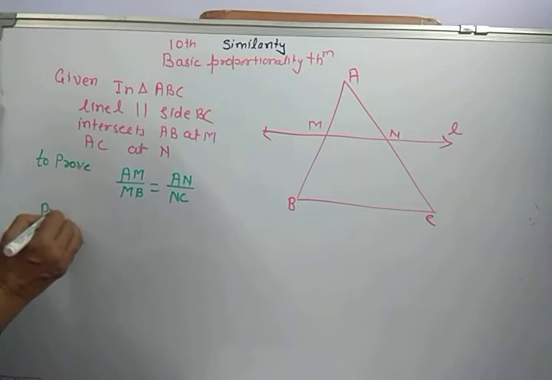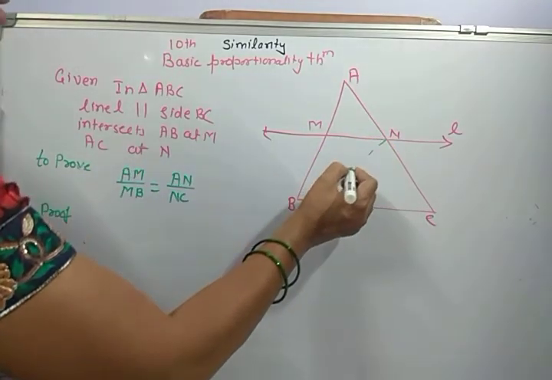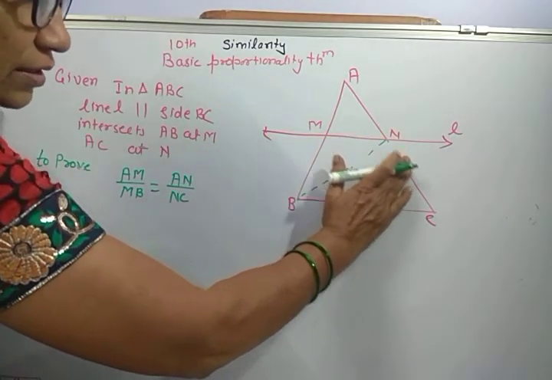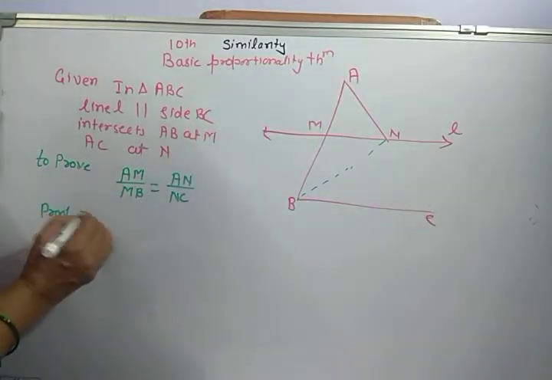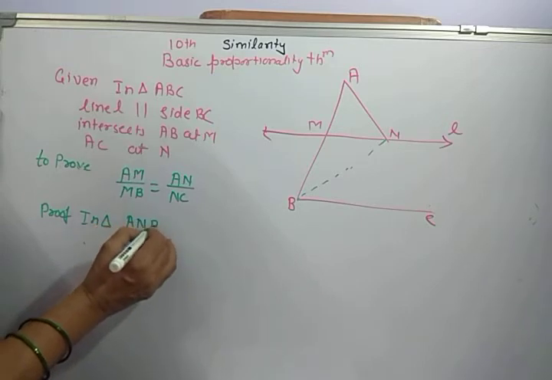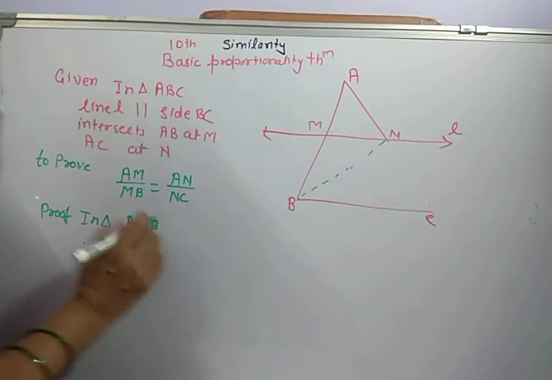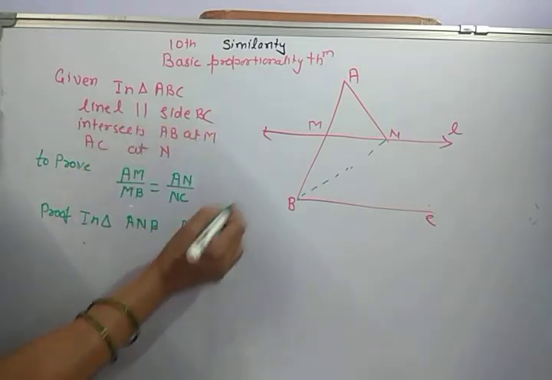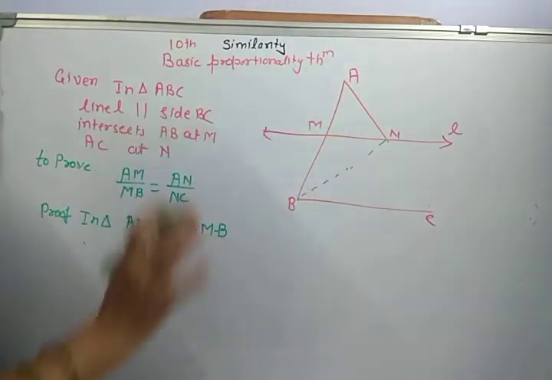Now the proof. First we will join AB. Now we will look at this triangle. In triangle AMB, M is any point on side AB.